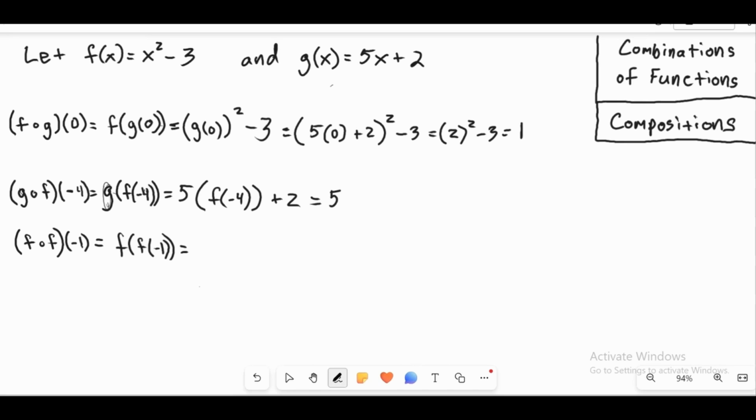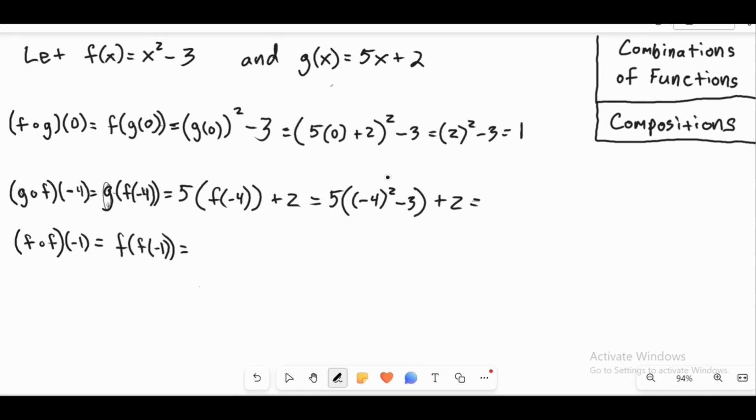So that's 5. And so f of negative 4, that just means f up here, and we're going to put a negative 4 in for x. This is going to be negative 4 in parentheses, then squared, minus 3. That is our f of negative 4. And then we have 5 times f of negative 4, and then plus 2.